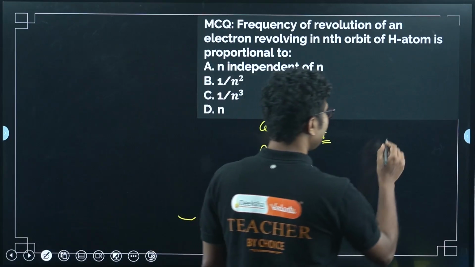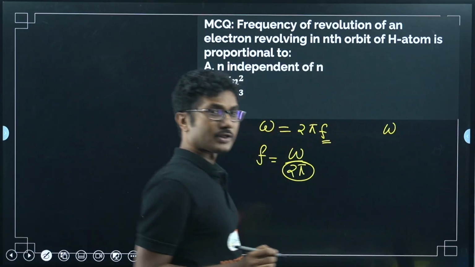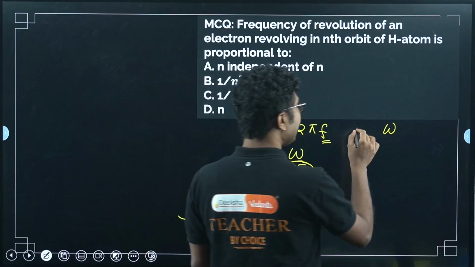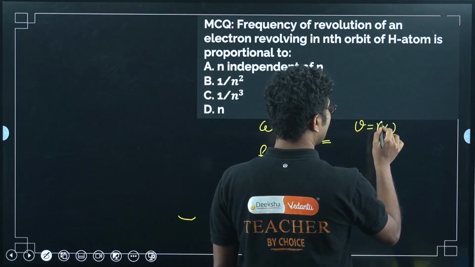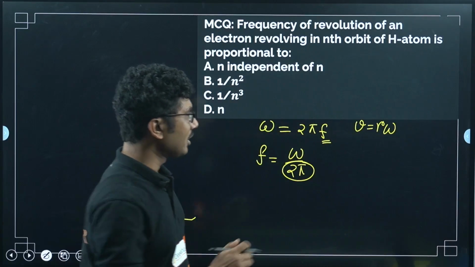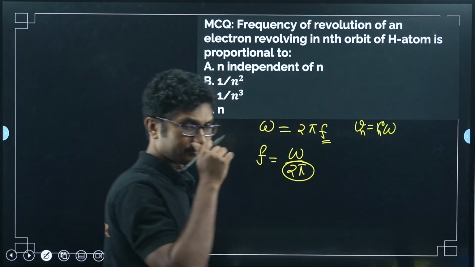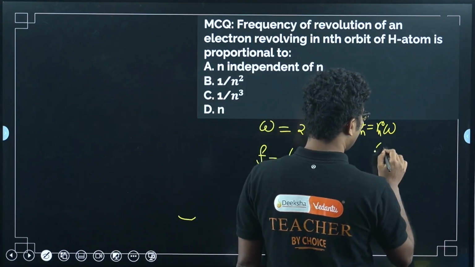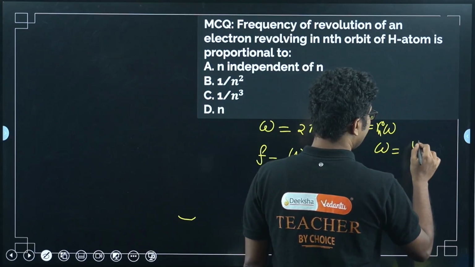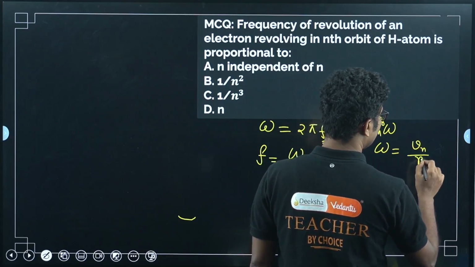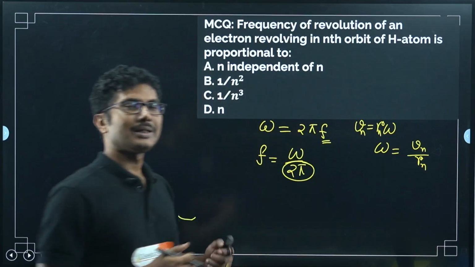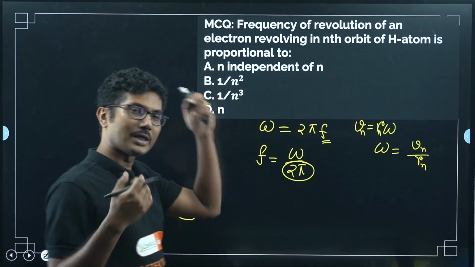Now what is omega? If you remember your first few concepts, V equals R omega, so we can write Vn equals Rn omega. So omega is nothing but Vn by Rn. If you remember the relations, you can answer this.